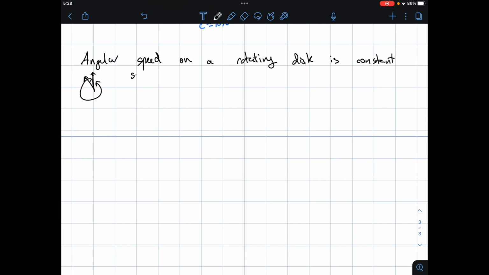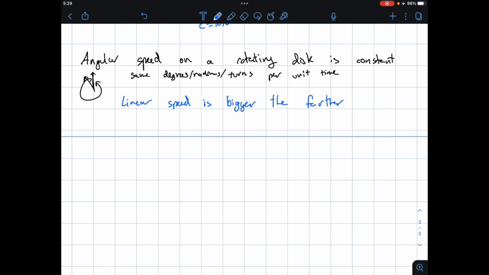You're going the same degrees or, more importantly, radians, the same number of turns per unit time. But what is different is the linear speed is bigger the farther from the center you are.